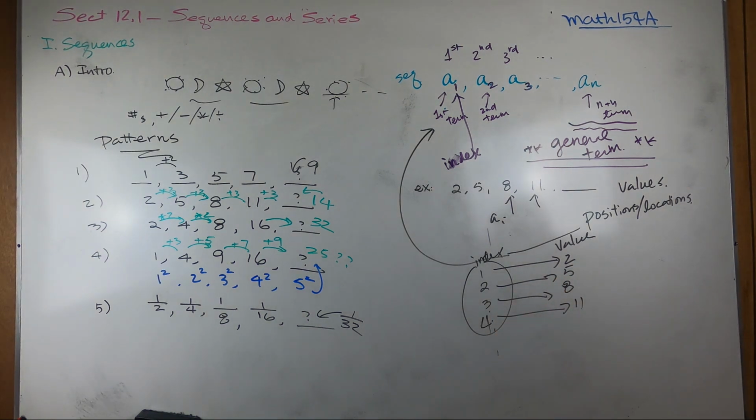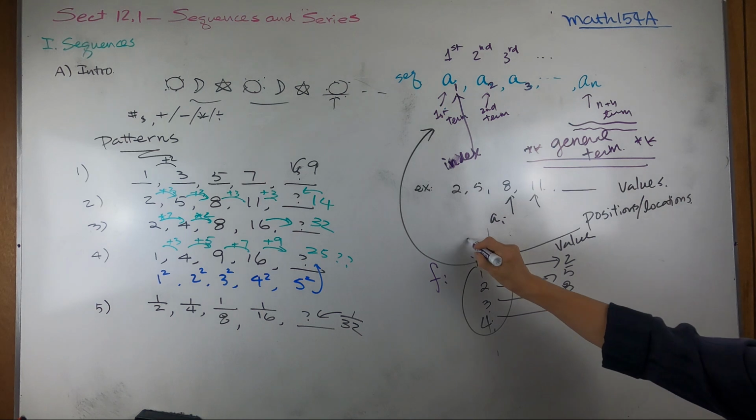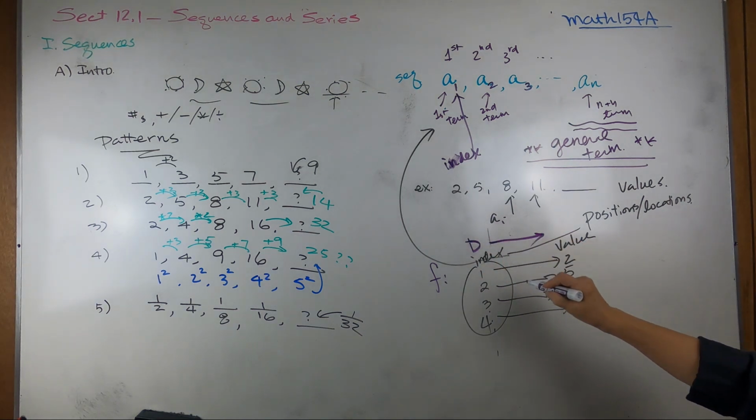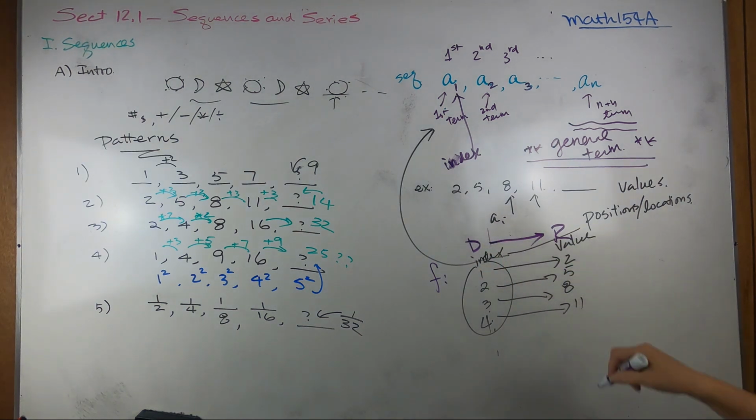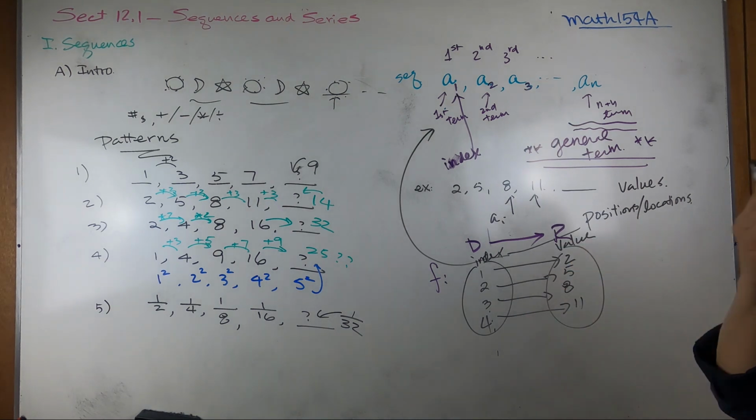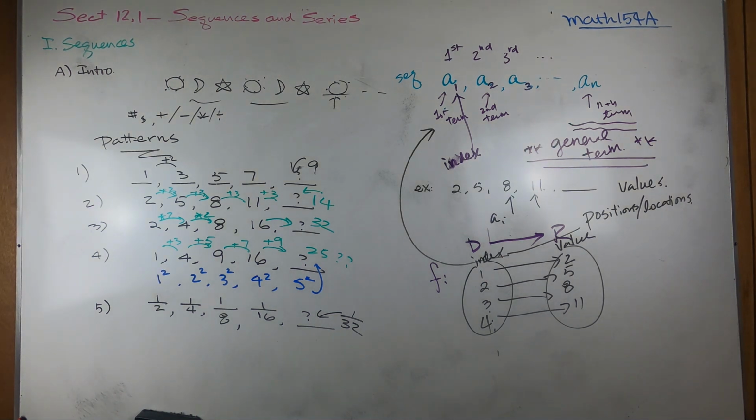Then it looks just like your function. That's your domain mapping to your range values. So you can look at it as a function. All the algebra we are talking about is functions. We can look at it one way or the other.